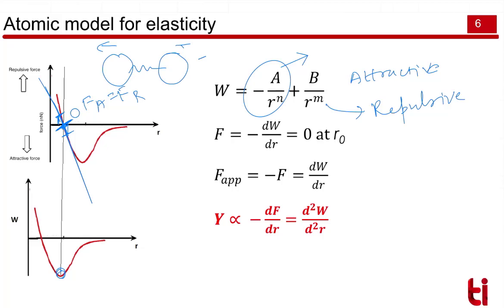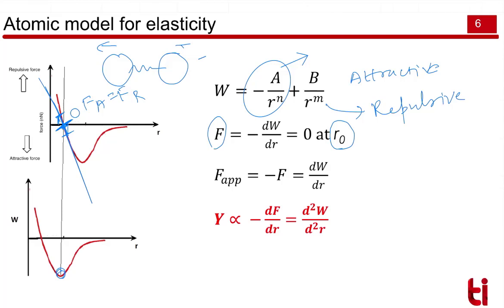And the force is equal to the negative of the derivative of this potential energy, at R equal to R naught. R naught is the bond length. So F applied will be equal to minus F, that is, dW by dr.